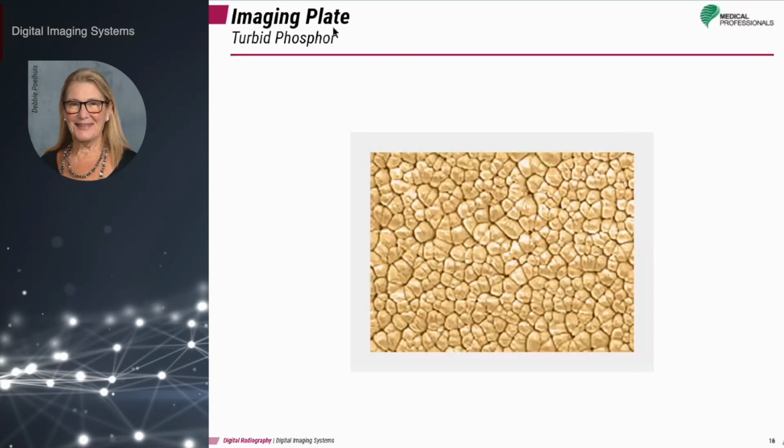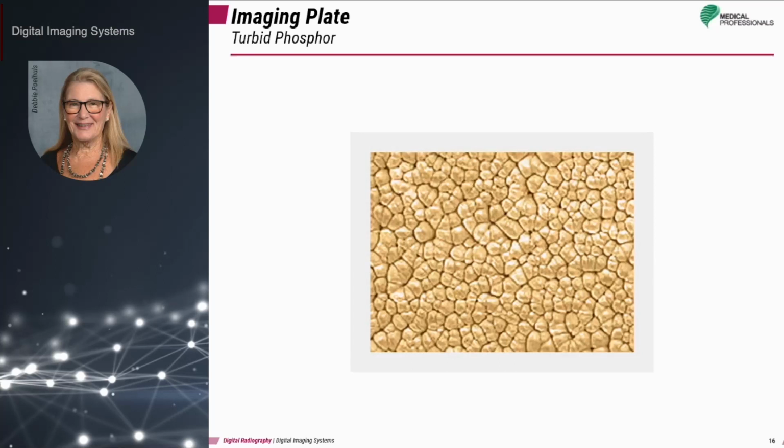So we're still talking about the imaging plate, but let's talk about turbid phosphor. Phosphors that are used in digital imaging can come in two forms. The phosphors that are pictured here are referred to as turbid phosphor crystals. These are randomly distributed, as you can see, with the active layer of the PSP.